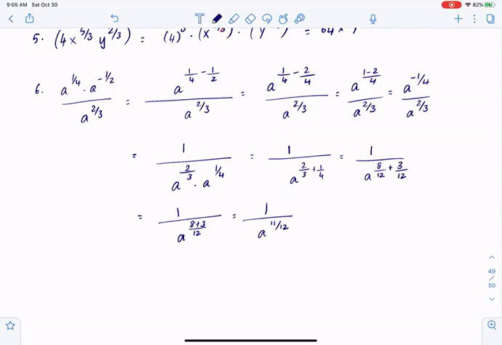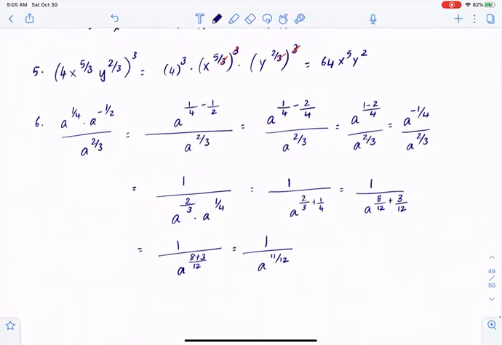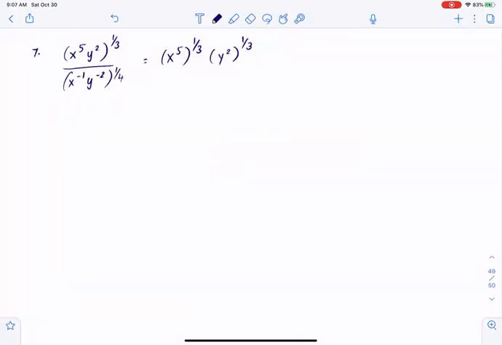Sure, I can move this term from the denominator to the numerator, but we have a constraint in the question that we express only in terms of positive exponents, so I'm going to leave it as is. So if we can split a radical, we can also split a rational exponent because they are one and the same.